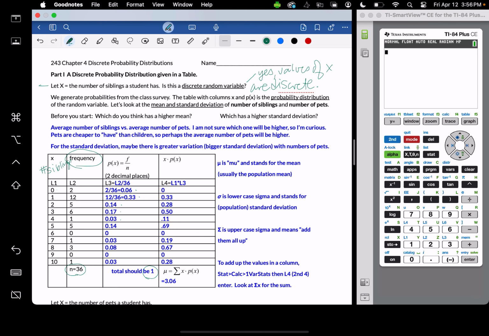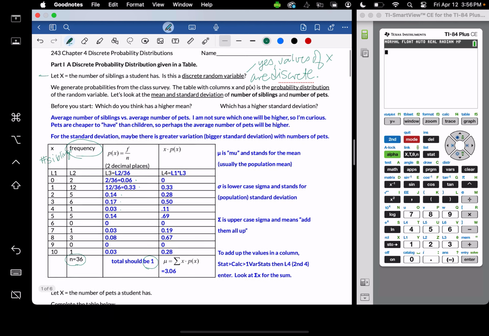I almost feel like pets are easier to accumulate. You're not going to accumulate siblings as much as you can accumulate pets. So if I had to guess right now, I'd say that the number of pets is higher. And then standard deviation measures the variability of the responses. We'll see what we end up with.